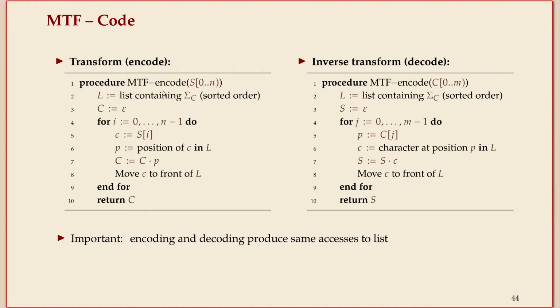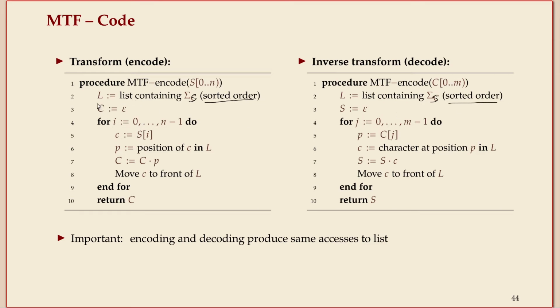So for encoding, we start with a list of all the characters in the alphabet, because it's the source text. Well, we only have one alphabet, and the output alphabet is the numbers anyways. So we take a list containing the alphabet elements in sorted order. This is important because we have to know how to start.